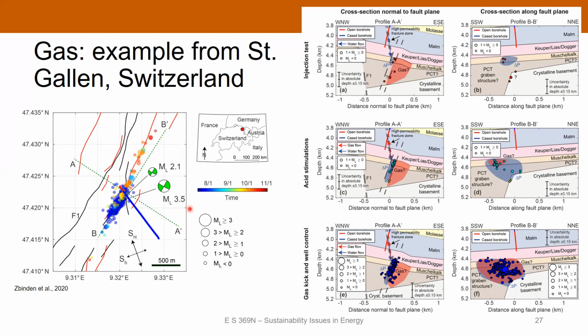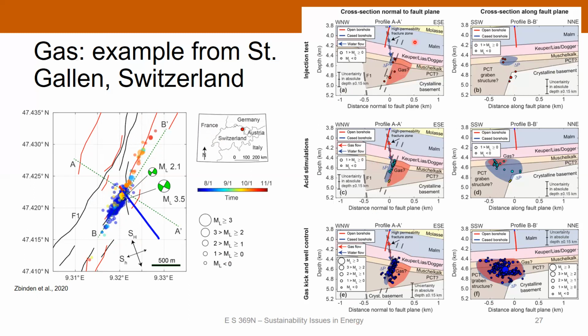So this was an event that happened in northeastern Switzerland in St. Gallen, where there were earthquakes that occurred in close proximity to a deep geothermal well. And you can see that there were a couple of magnitude 3 earthquakes that occurred. So this is a map of a bunch of different seismic events that happened. And this is a nice paper by Spinden et al., where they go through what they think happened.